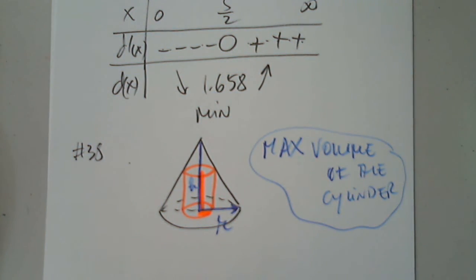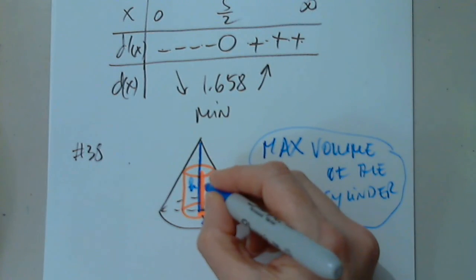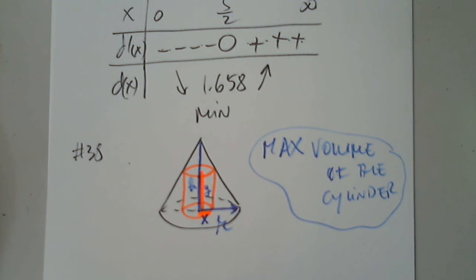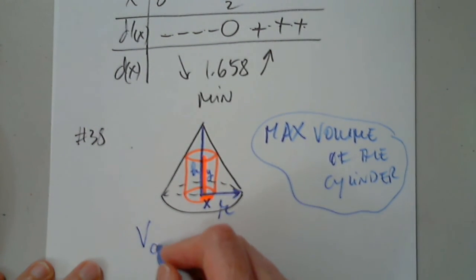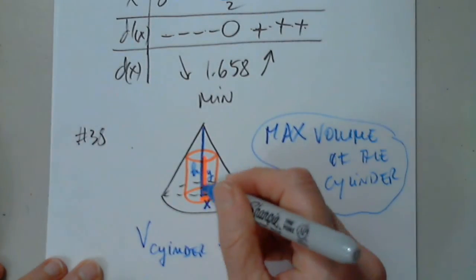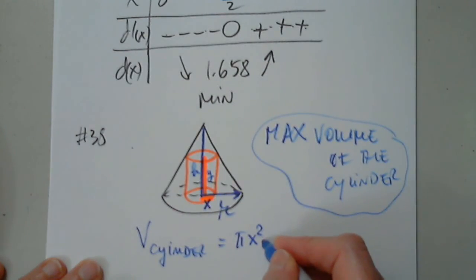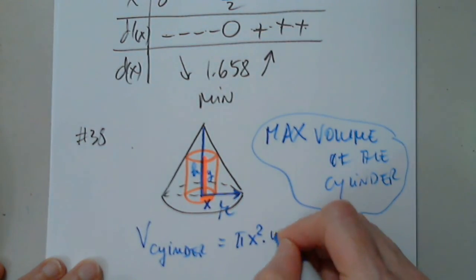So I have to name these somehow. I'm going to call this x, and I'm going to call this y. So the volume of the cylinder is pi x squared times the height.